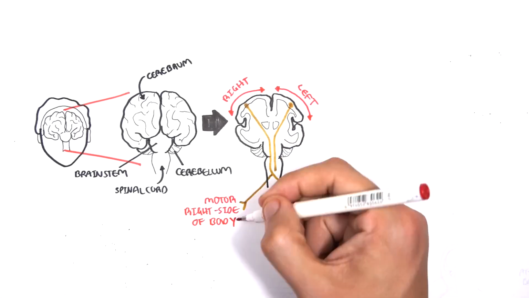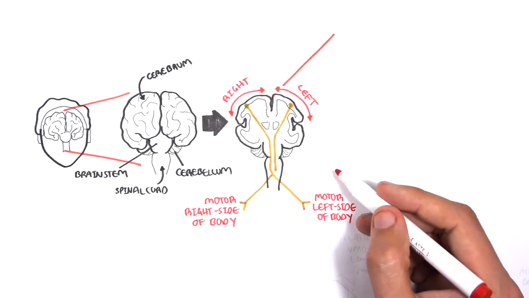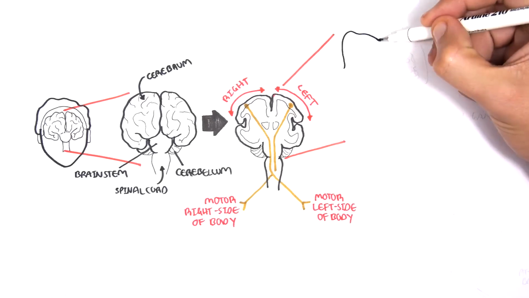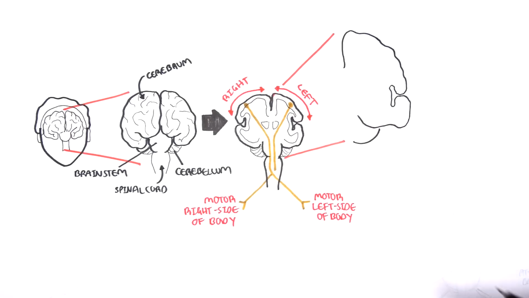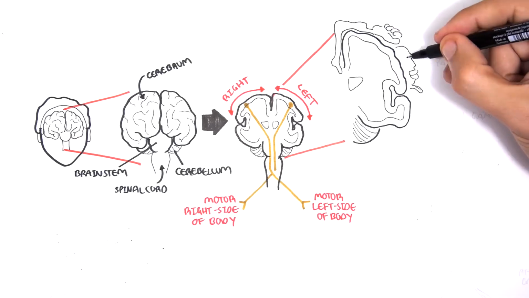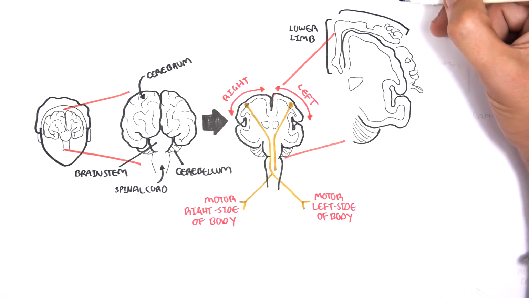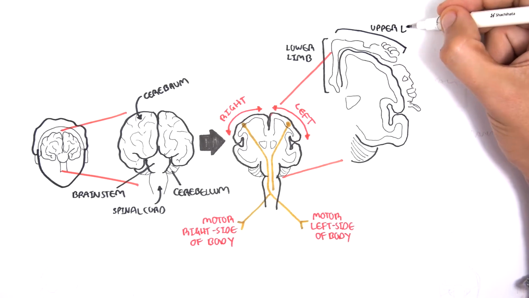Similarly, neurons arising from the left motor cortex will go down and cross over, supplying the right side of the body. Let us now zoom into the left motor cortex. Here is the left motor cortex, and we can also see the left cerebellum at the bottom here. Now, the motor cortex has designated areas of our body. So, for example, this area correlates with the lower limbs, this area the upper limbs, and here the facial area.